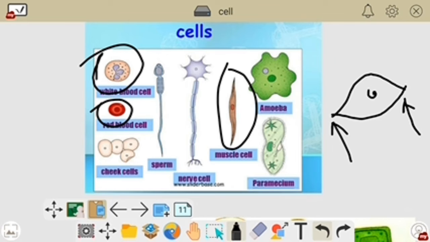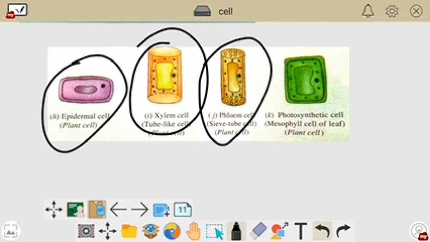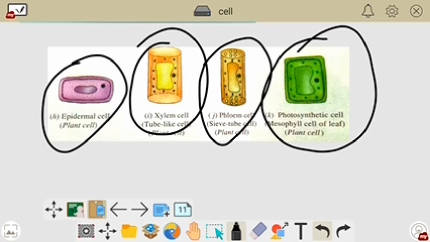Let's see some examples of plant cells. This picture I have collected from the book. The first picture is the epidermal cell. Some examples of plant cells are epidermal cell, xylem cell, phloem cell, and photosynthetic cells.